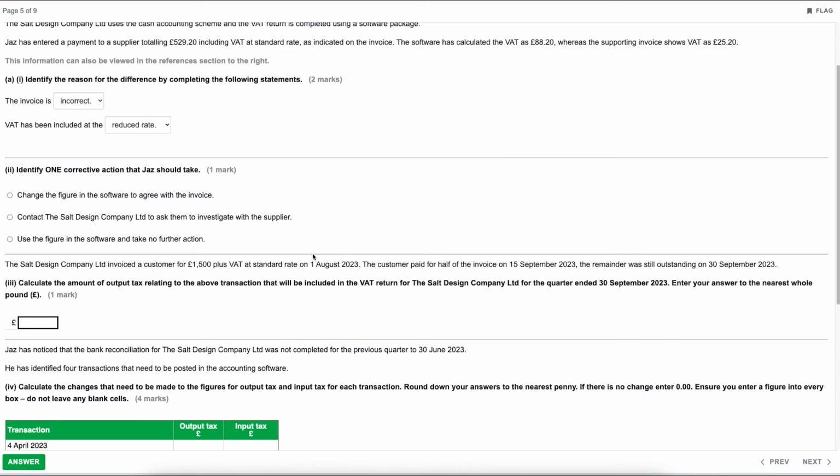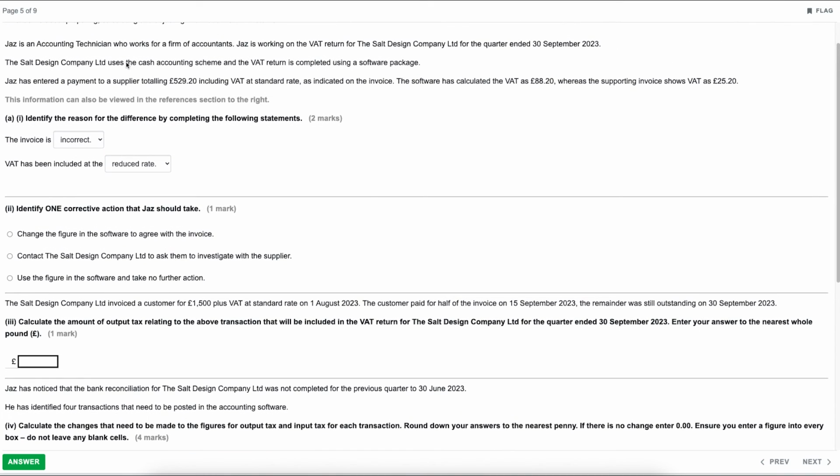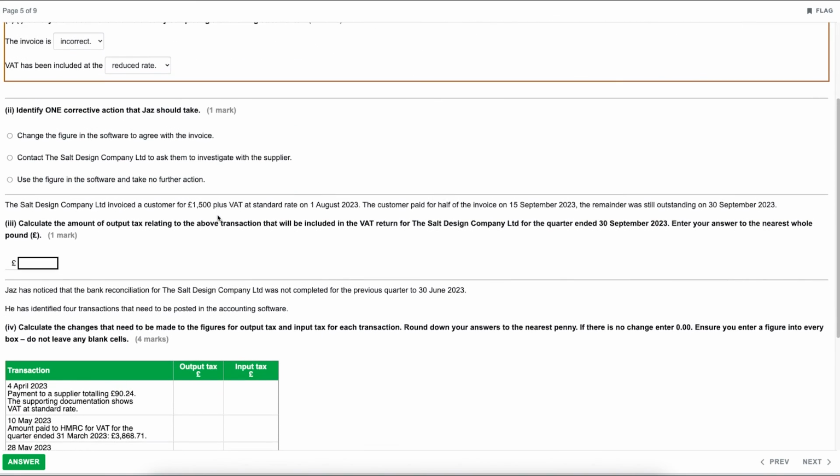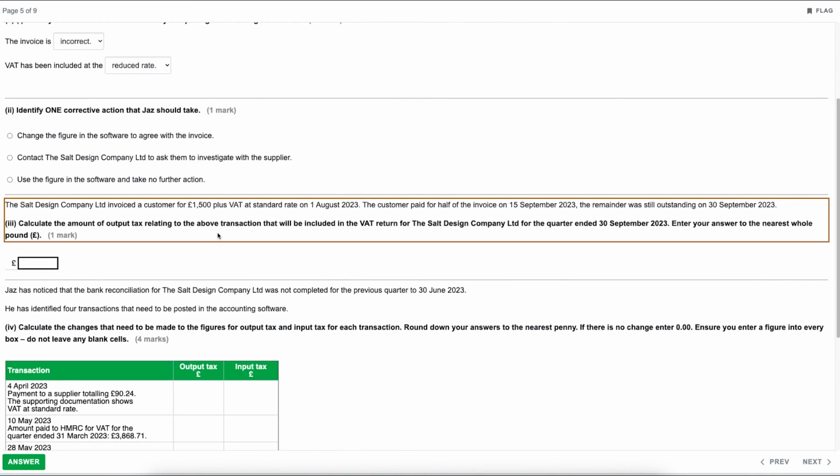So what's really important for this question is what it mentioned right at the beginning, which is that the Salt Design Company Limited are using the cash accounting scheme. If I just scroll back up briefly, we can see it here. It states up here, uses the cash accounting scheme. Now that changes things because, going back down to this question, because the customer has only paid for half the invoice, they would only be accounting in terms of the VAT return for half the VAT.